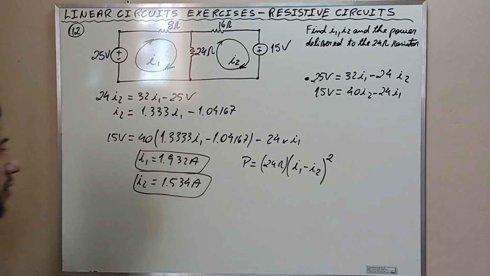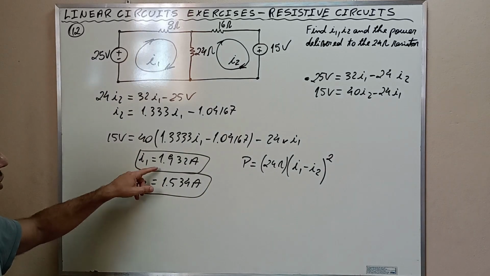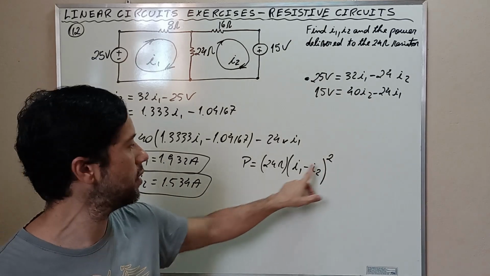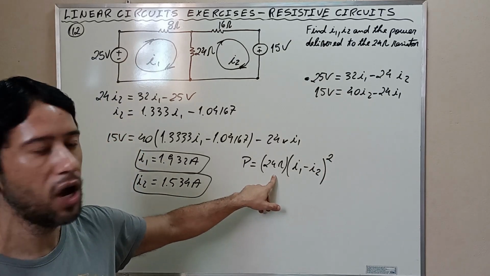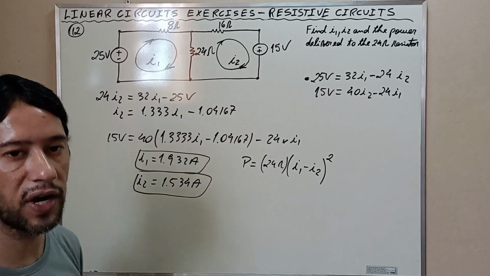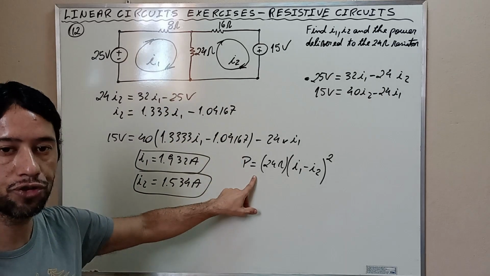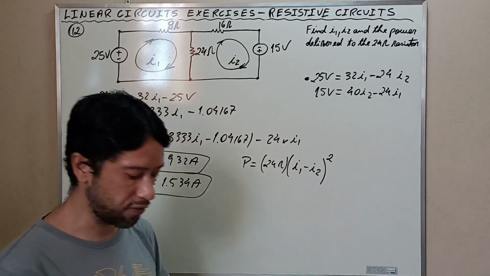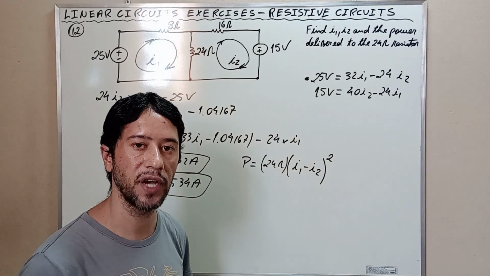This is easy. You just subtract one from the other in this way, you square it, and then you multiply by the value of the resistance, and you find the power. I'm going to invite you to try it in your house, and you're going to find the value of the power. Alright, my friends, and this is all for exercise 12.